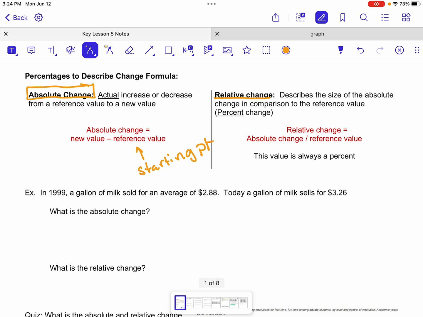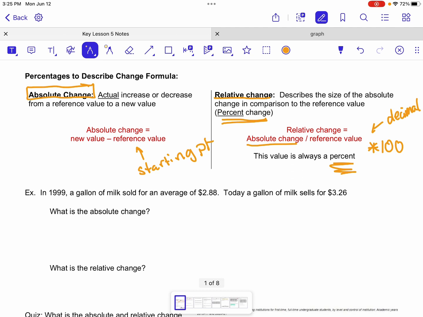Another way to think about this is percent change. Basically, you take that value we found in absolute change and divide it by the reference value. That's going to get you a decimal. Then we want to write it as a percent, so you would multiply that number by 100 and turn it into a percent, which you practiced earlier today.